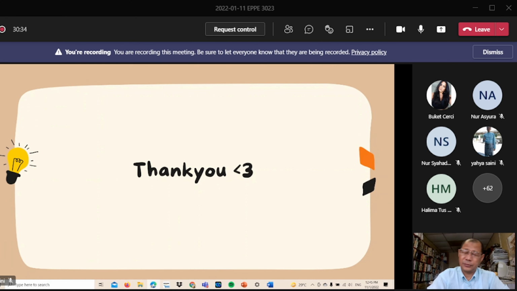Number two, there are two parts in the balance of payments, the most important parts, which are the current account and the capital account. A deficit in the current account shows that the country is a demander of funds from outside.